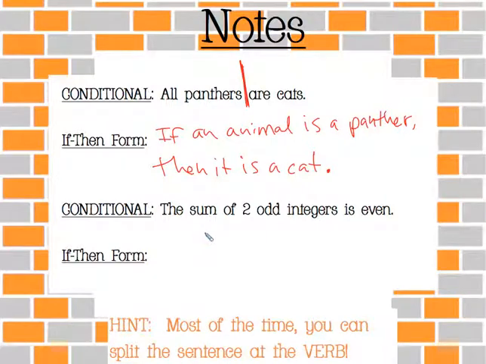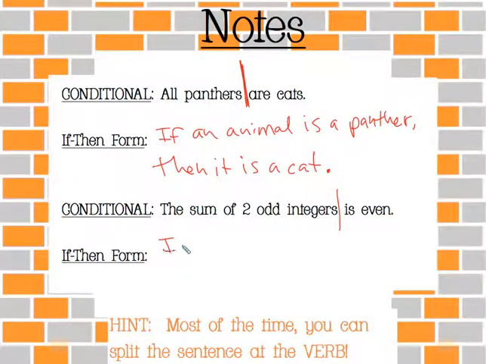So the sum of two odd integers is even. There's several different ways you can say that, but essentially, first you have two odd integers, then you know that their sum is even. So it's kind of confusing because sum's over here, but the even part is talking about their sum.